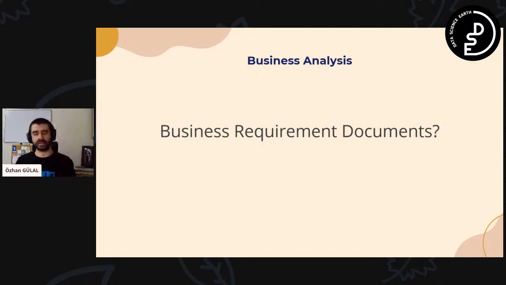Everyone has left, and if you had good documentation, a good business requirement document, this adaptation time is a little bit smaller. Because of this, the business requirement document is seriously important.